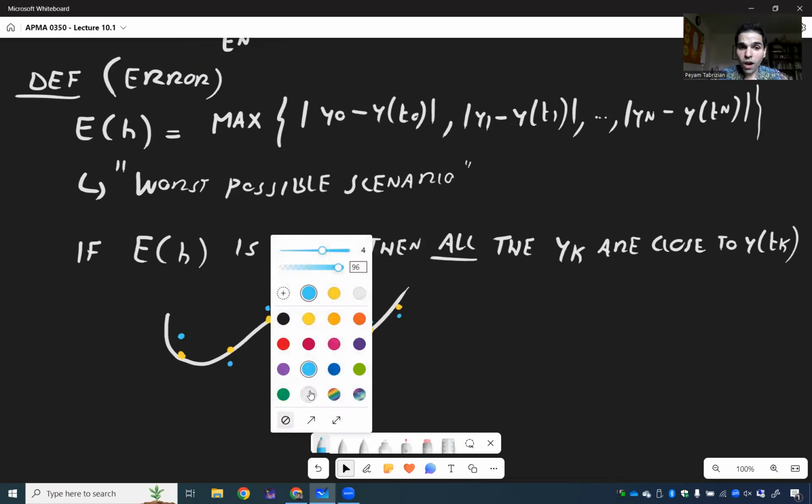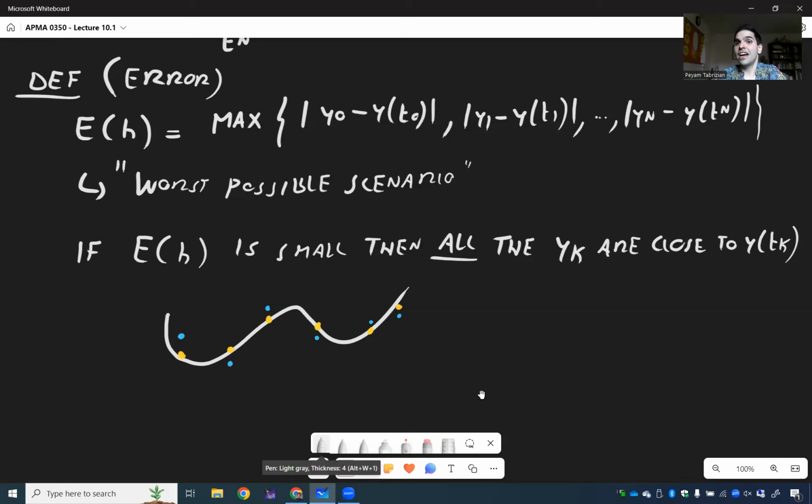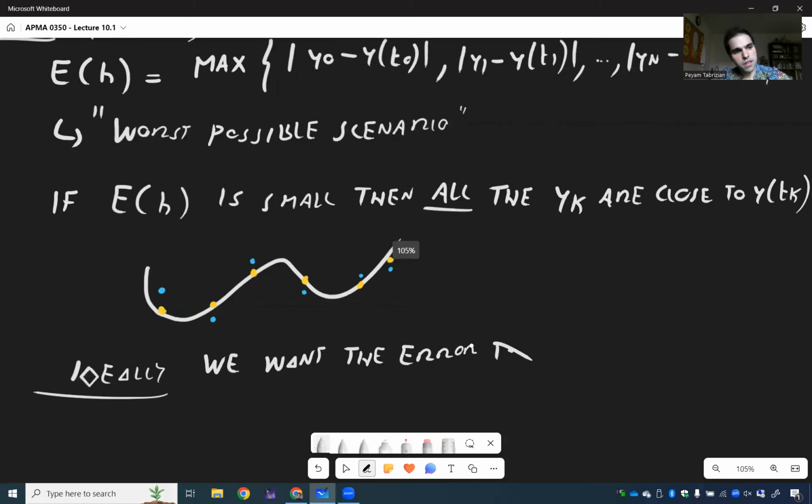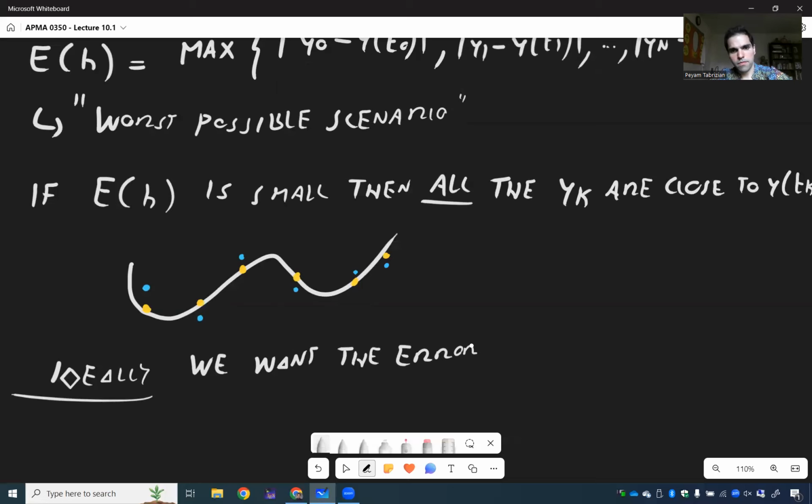And so what do we want? Ideally, of course, you want the error to be small, at least for a small step size. We don't really care about large step sizes, generally, if h is small.